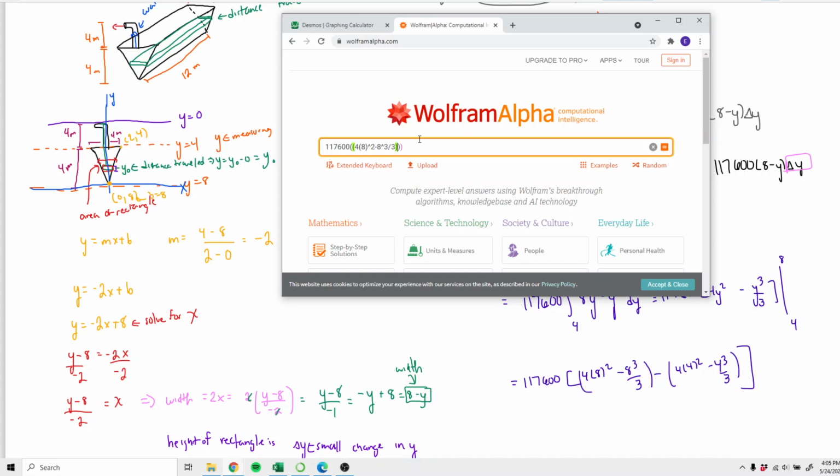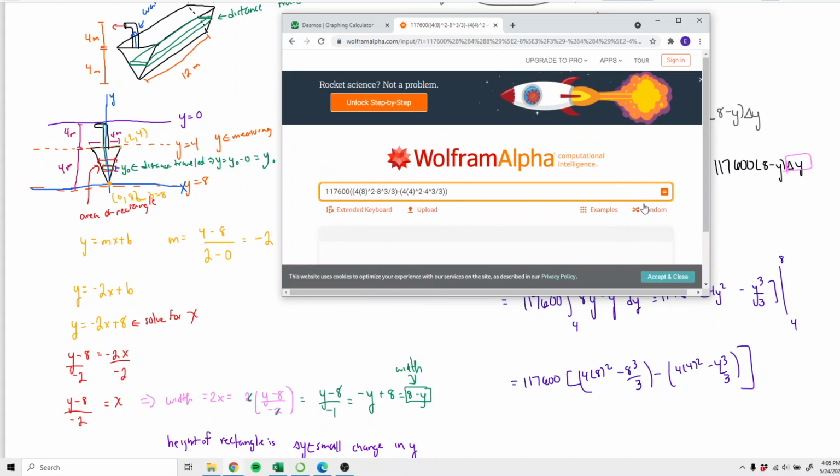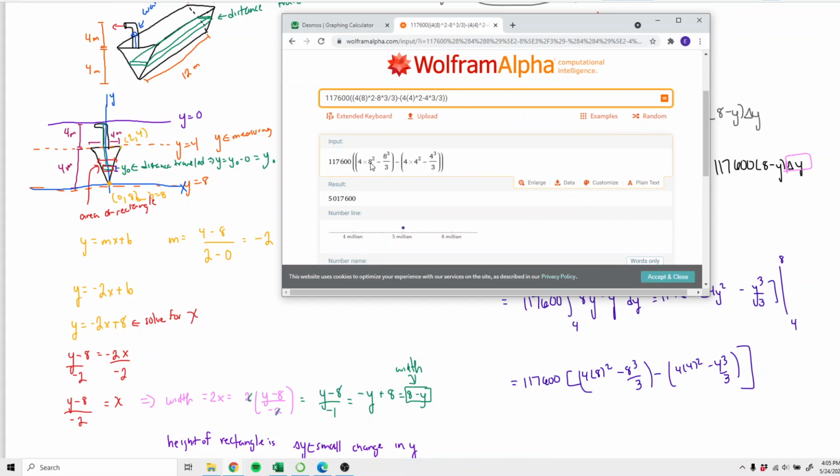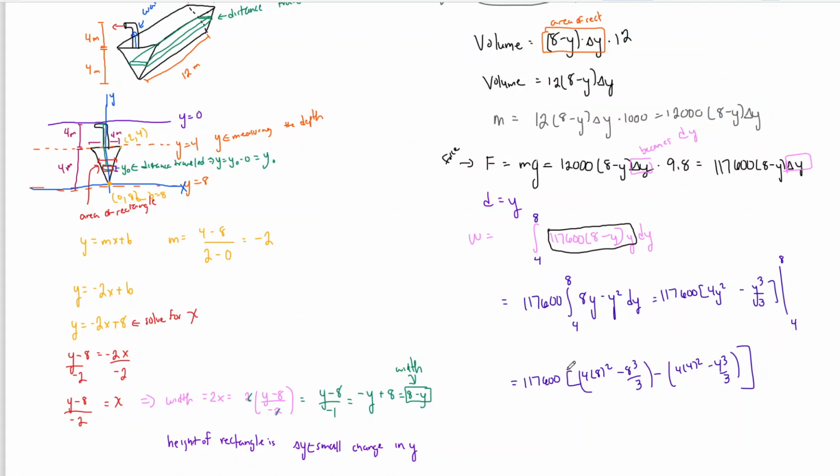So that's the first one, minus, and then we have 4 times 4 squared minus 4 raised to the 3 divided by 3. And you can press enter just to make sure it was typed in correctly. And you can see that it is. We have exactly what I wanted here, and we get the answer 5,017,600 joules.